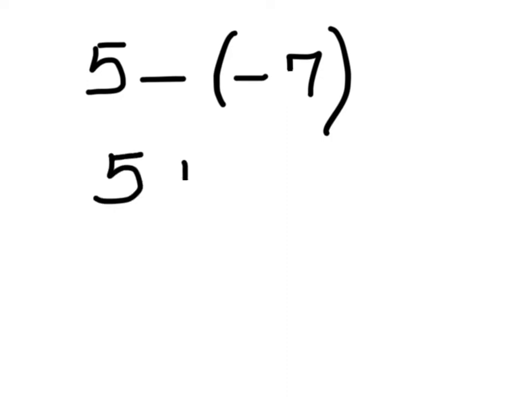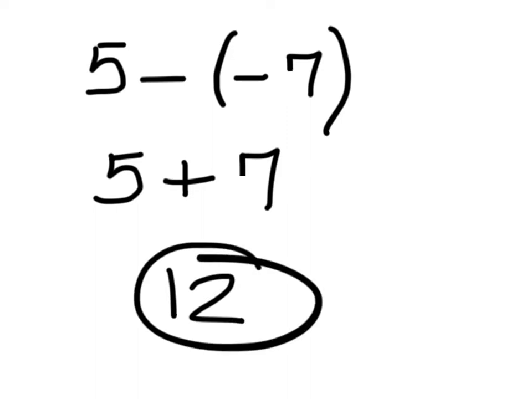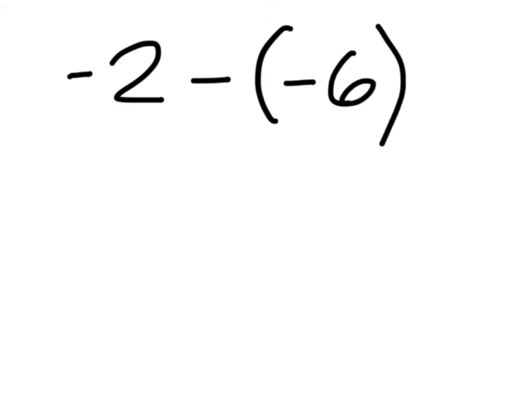If I had 5 minus a negative 7, what do I change those two signs to? 5 plus 7, and the answer is 12. What if I had negative 2 minus a negative 6? What do I do to those two signs in the middle?